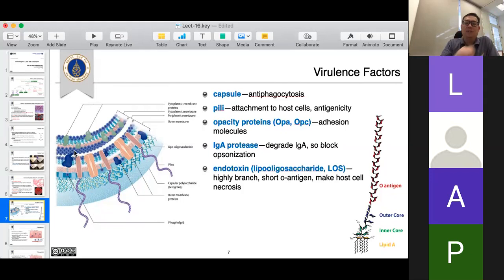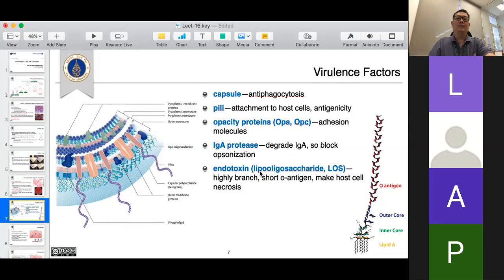Okay, the capsule is anti-phagocytosis, and they possess opacity proteins OPA and OPC to adhere to the host cells. Also, they infect the throat, something like this. IgA is a key antibody in the mucosal immune response. So they produce IgA protease to degrade IgA. Once IgA degrades in the mucosal area, opsonization cannot happen.